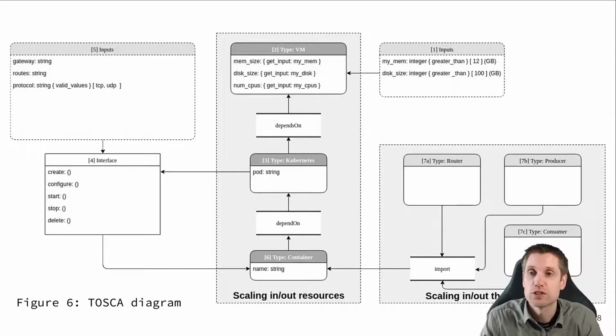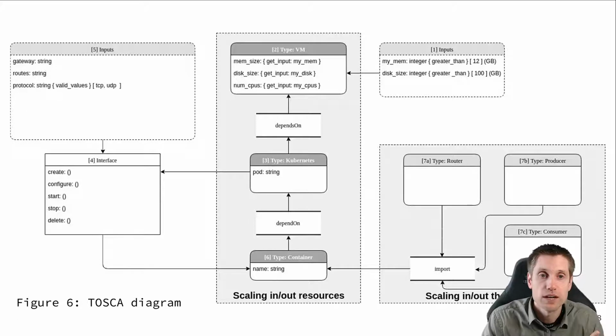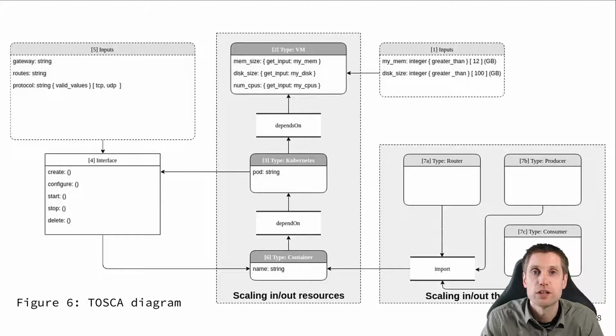On the left upper side you have the inputs field, and on the right upper side you have some constraints as well, like mymem is an integer which needs to be greater than 12 gigabytes, and also some disk size logic there, like it needs to be greater than 100 gigabytes. These are needed for a good working NDN network, and the orchestrator will not deploy, it will give an error once these constraints have not been met.